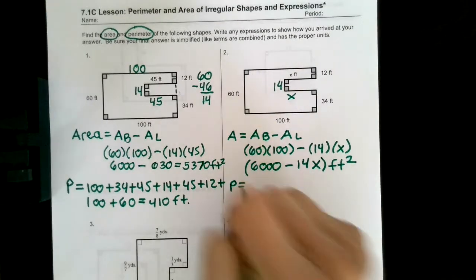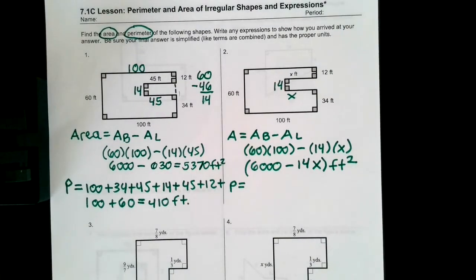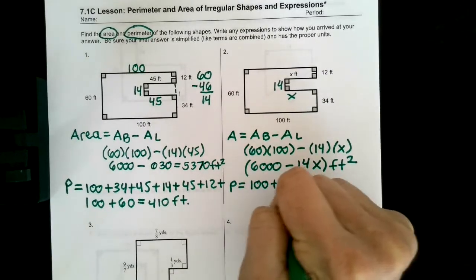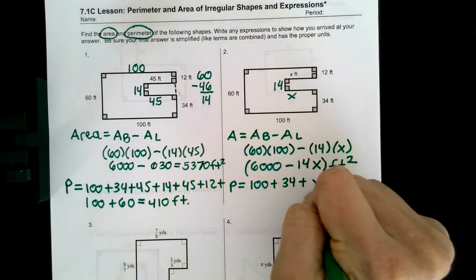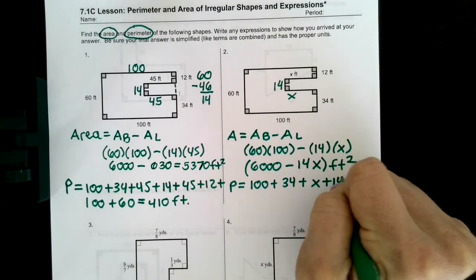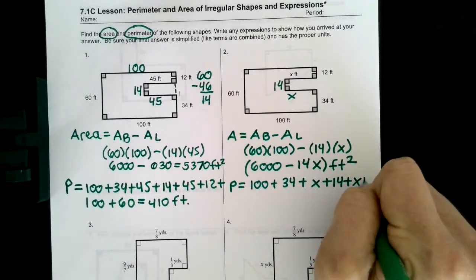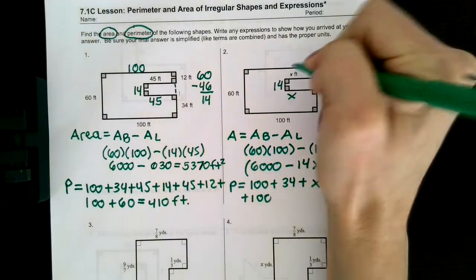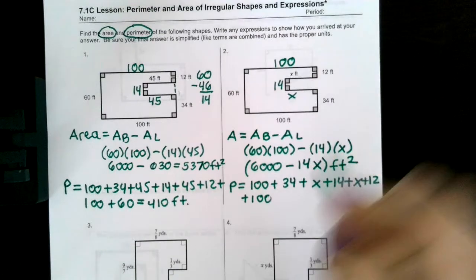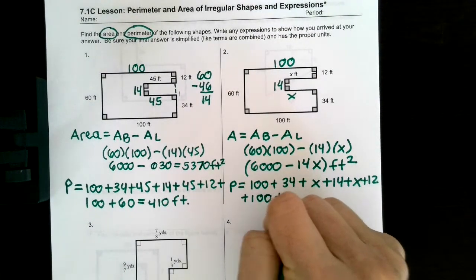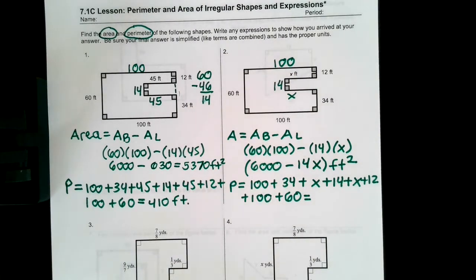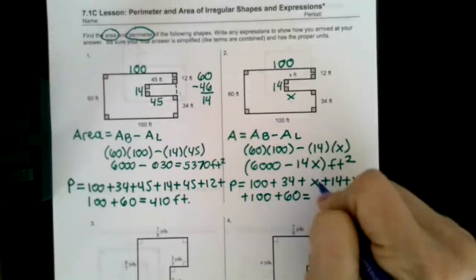Perimeter, same thing. We're going to add up all of our units around our border. So we have 100 at the bottom, 34, x, 14, x, 12, 100. I'm going to put that up there so it matches it, and 60. We are going to make sure that we look for like terms and combine them.